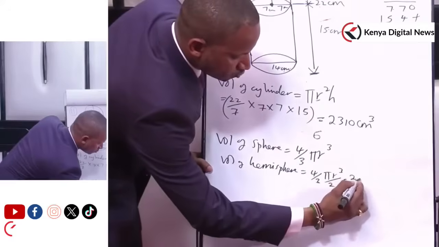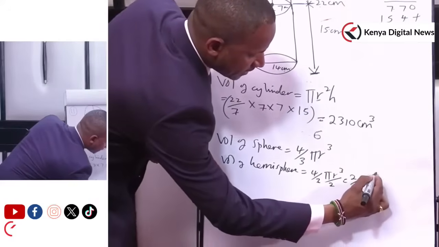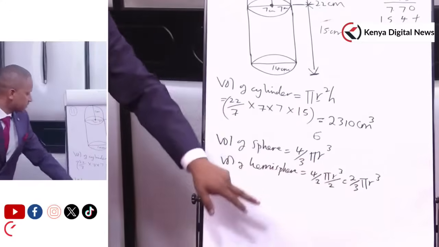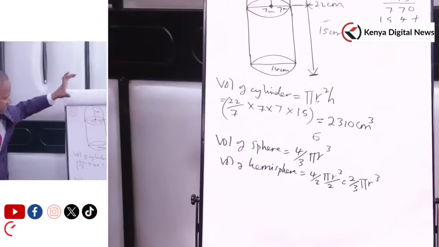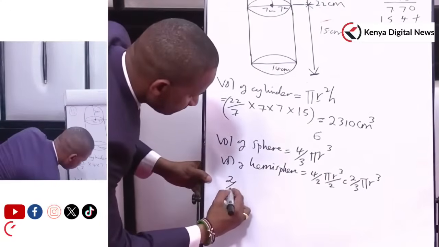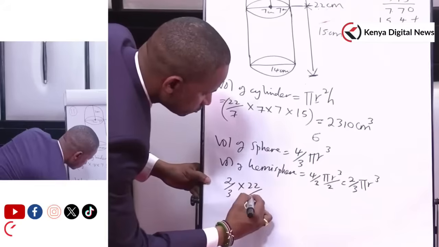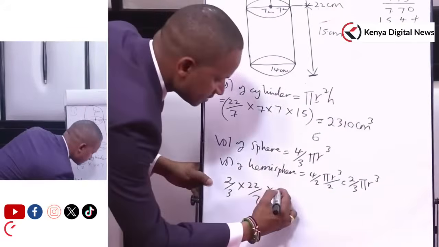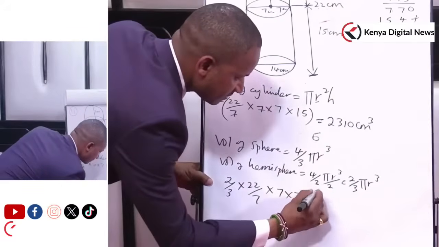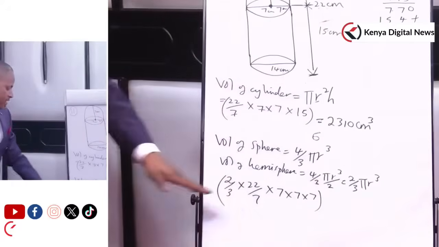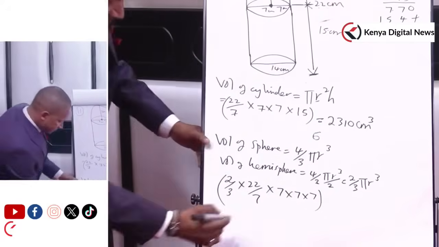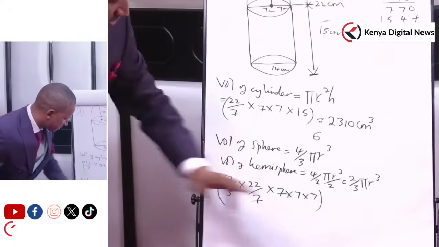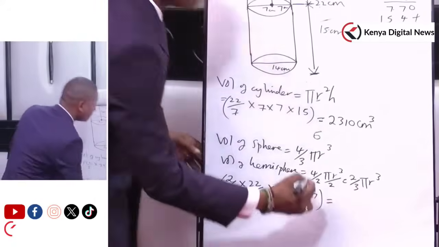This comes to 2 over 3 pi r cubed. So, therefore, you come and solve the volume of this hemisphere, which is 2 over 3 times pi, 22 over 7, times radius cubed. If radius is 7, it is 7 times 7 times 7. When we solve this, you get 7 and 7. You get 44 times 49 divided by 3.